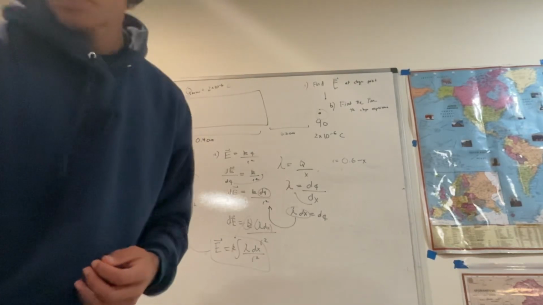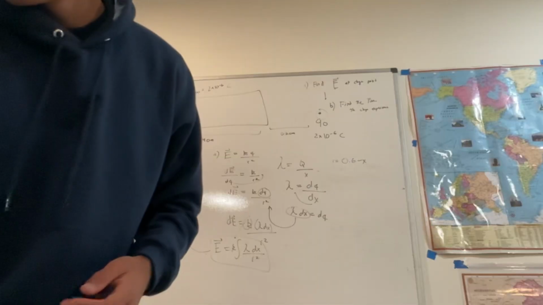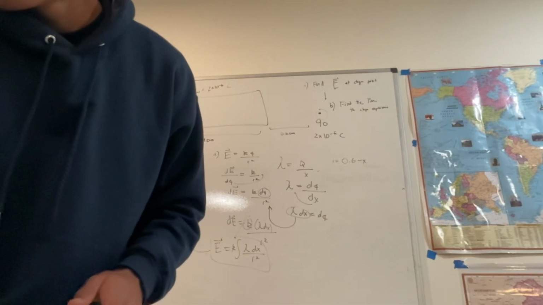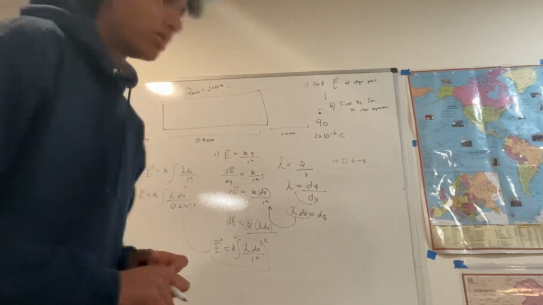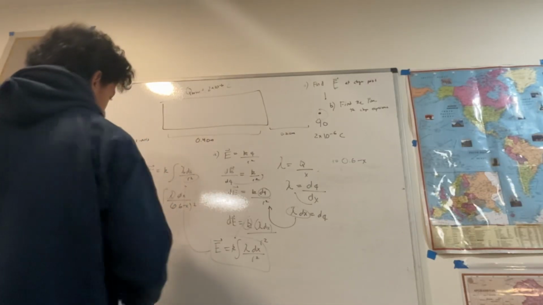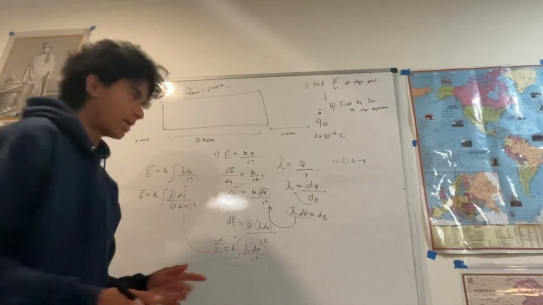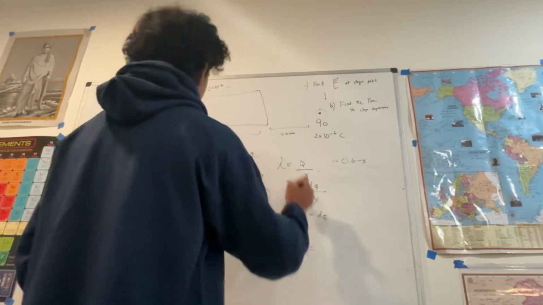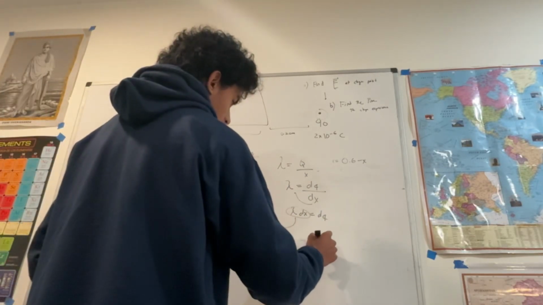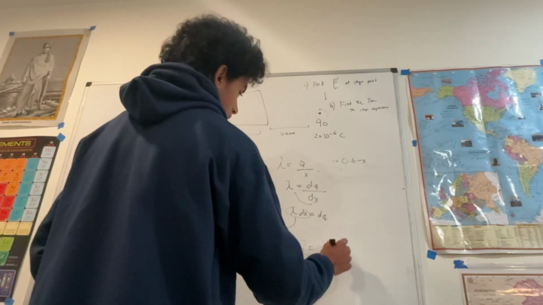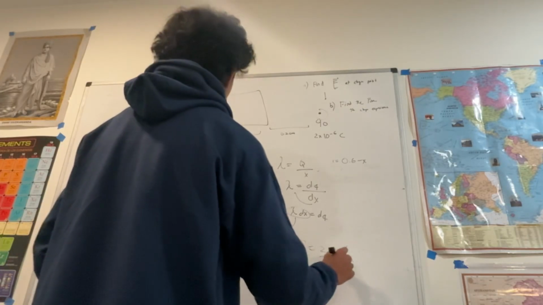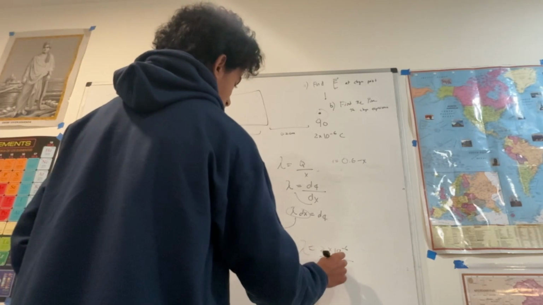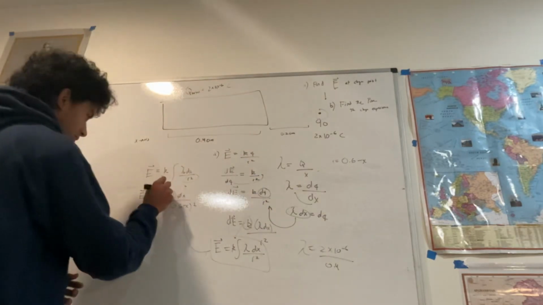Now we can also take this out. Lambda is just a constant. Lambda is just charge over the entire length. So we can find that lambda is just our charge, or 2 times 10 to the negative 6 over our length. We can calculate this later, but let's just bring this out as well.